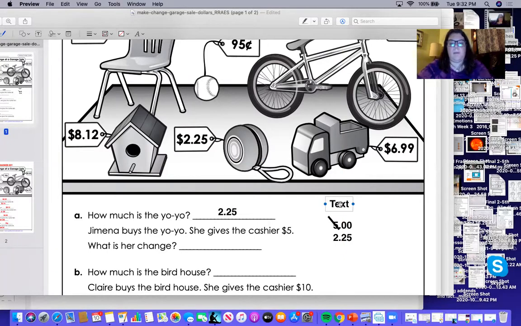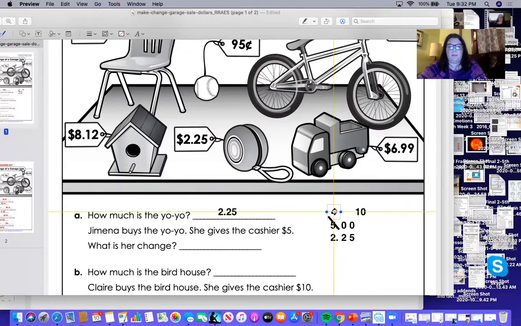And now we have $4 and 10 dimes. You know what, I'm gonna try to space this just so I have more room here. All right. Okay.